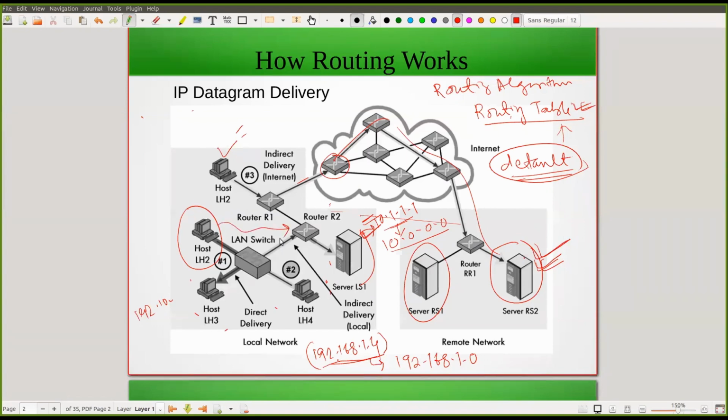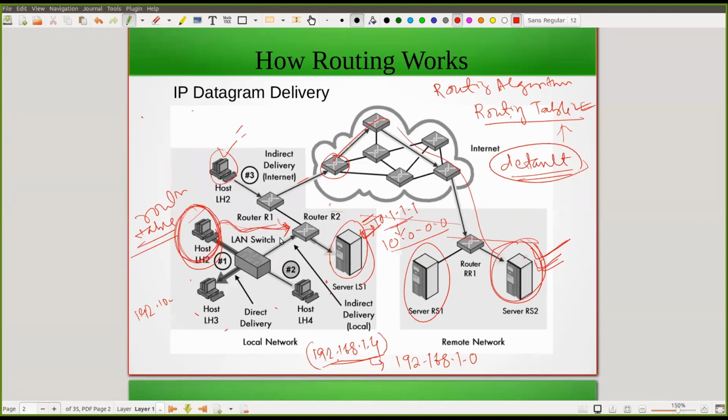That means the routing table maintained at this machine, is it going to follow a static way of building the routing table? Is it better, or should we follow a dynamic approach to build this routing table as far as the host is concerned? So this route is fixed now.